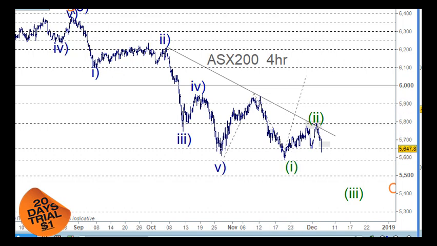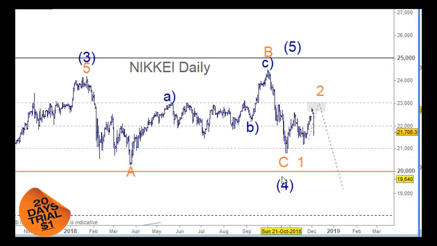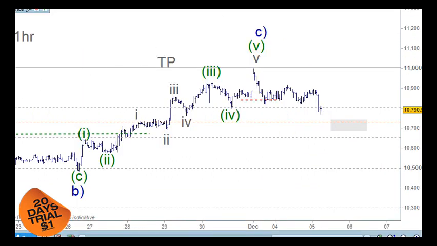So if we have a quick look at those markets, let's say the Nikkei, we've had this A, B, and C here, very much like the US, and we can come back to this one, and also the Nifty as well. I think it's important to bring these things together a little bit.